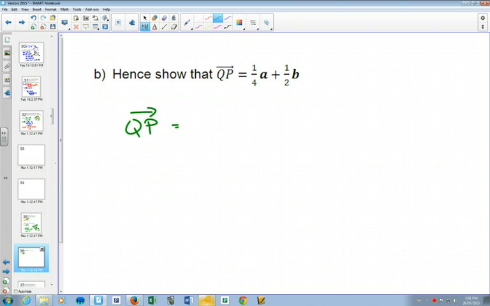So here's our position vector for O to Q, and we make that negative. That gets us back to the origin. And then we can go from the origin to the point P.